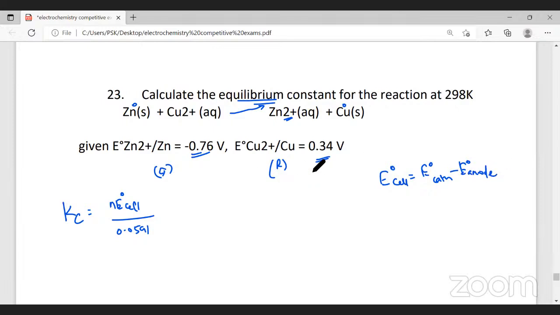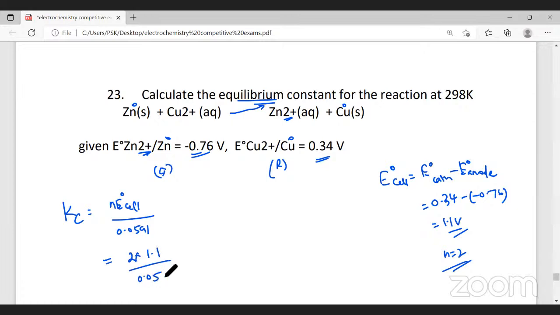What is cathode here? Cathode is copper, 0.34 minus of minus 0.76. It is 1.1 volt. And n is 2 here. Why n is 2? Because +2 to 0, 0 to +2, 2 electrons involved. So therefore, it will be 2 into 1.1 divided by 0.0591.